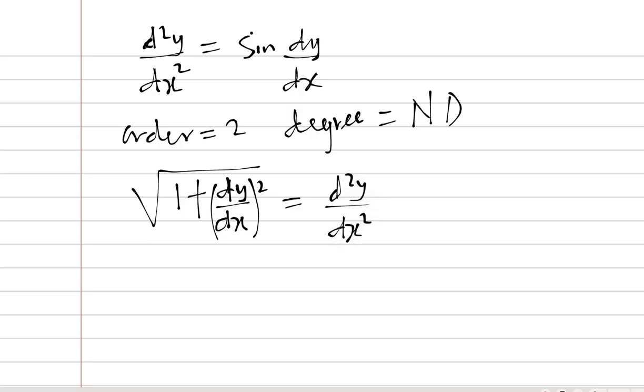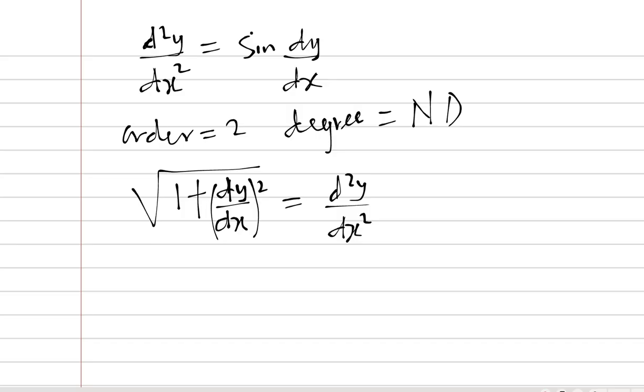You see here too, you may be quick to pick your answer, but you have to factorize or eliminate this square root before you can choose your order and degree.